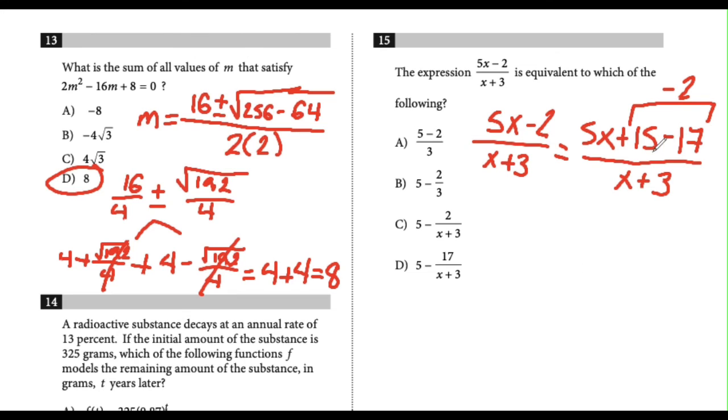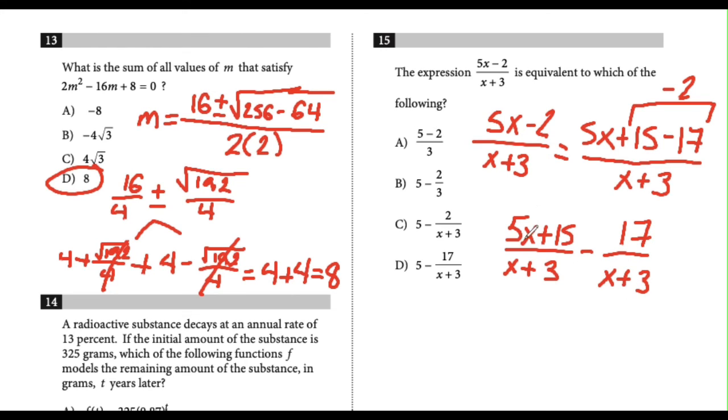Next, we need to separate the fraction between the 15 and the negative 17. So the first fraction is going to be 5x plus 15 over x plus 3. And the second equation is going to be negative 17 over x plus 3.